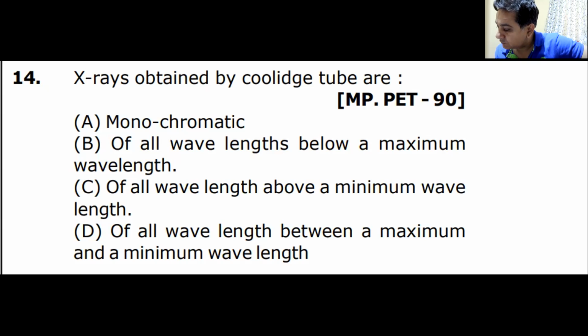Monochromatic means single wave, and the rest of the options. Which is the correct option here? B, sir.